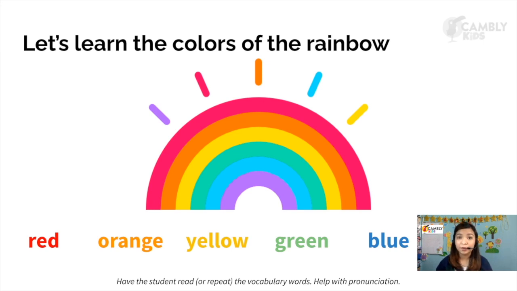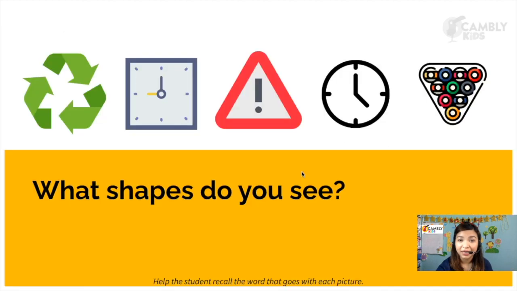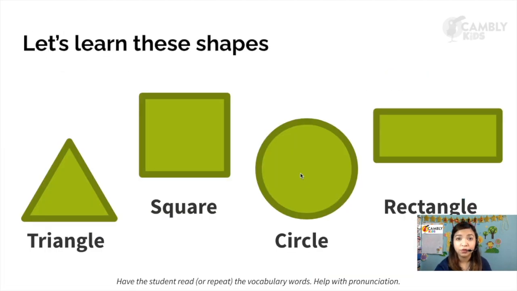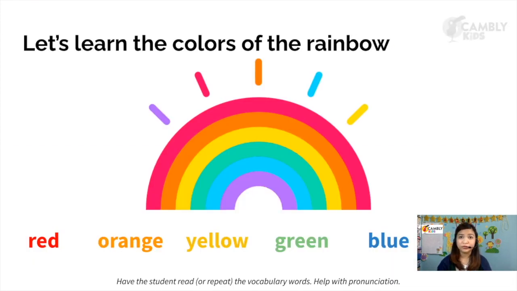Now let's talk about the props first. The props that you're going to use in this lesson, since this lesson is all about colors, shapes, and singing, you have to provide realistic props, because aside from the pictures that the students see on the screen, we should also provide a realistic prop to better engage our students, since our class is only online or virtual.